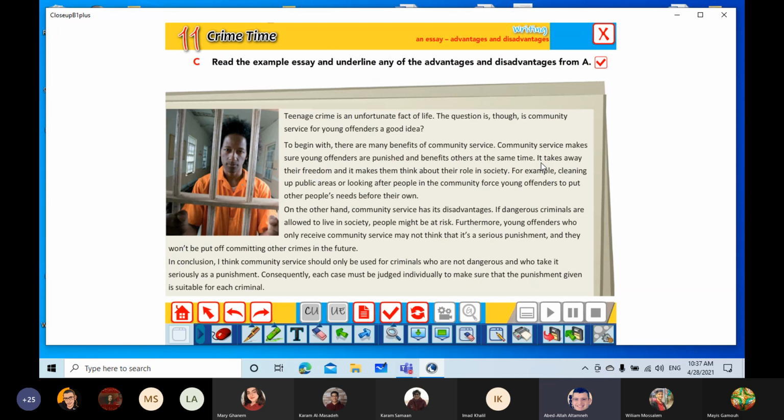All right, can you state it from the paragraph itself? Can you provide me with an example? For example, cleaning up public areas or looking after people in the community force. Thank you.